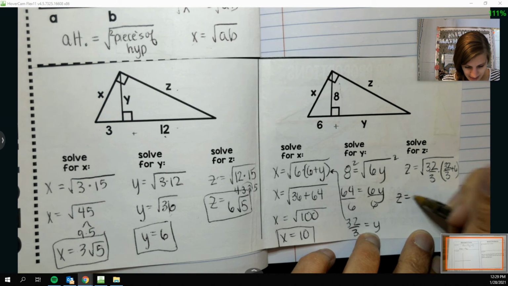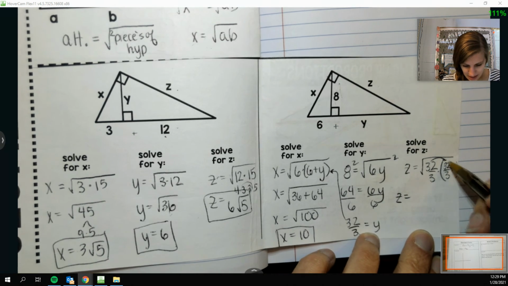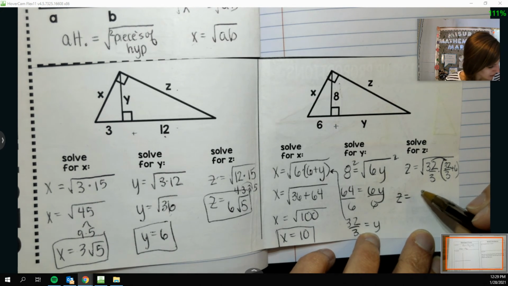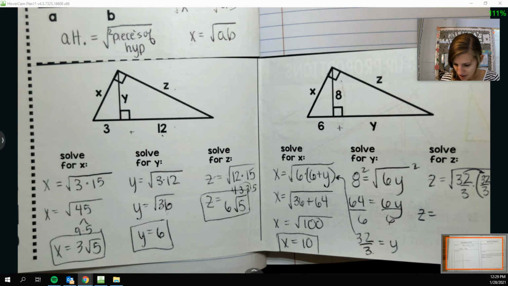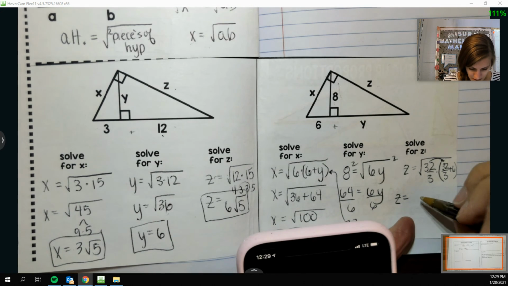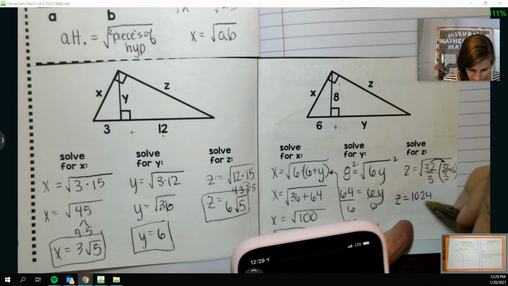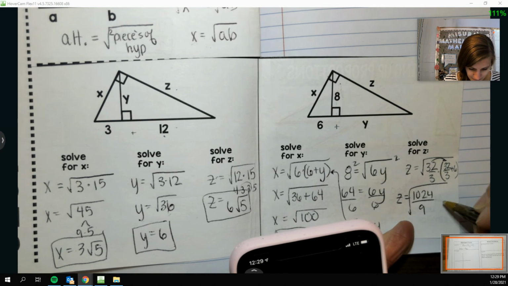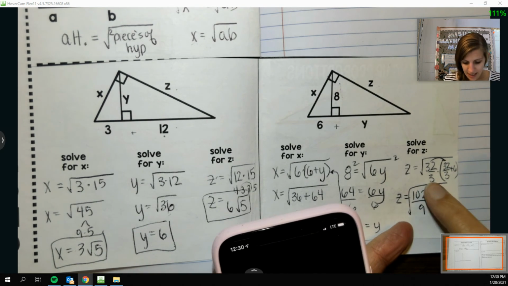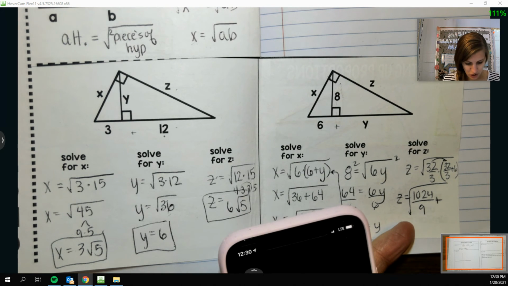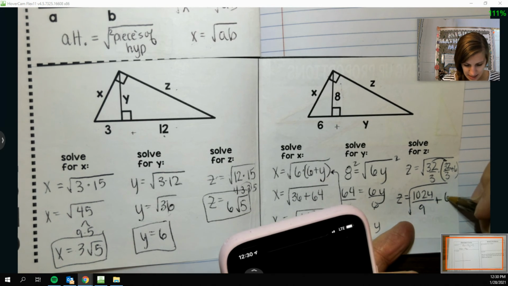So if we do that, when I multiply 32 by 32 here, we're going to get a big old number. So 32 times 32 over 9, then 32 times 6, but I can divide the 3 into the 6, so really just 32 times 2 is 64.